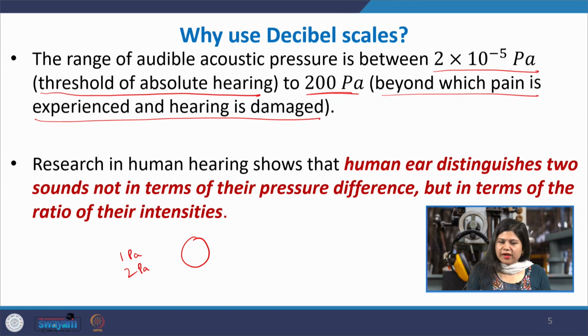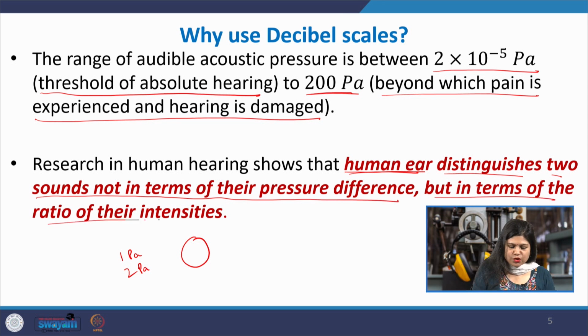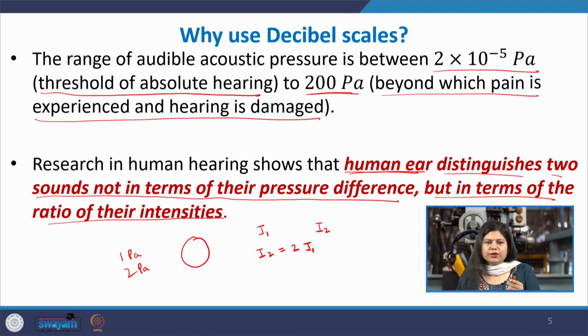In fact, from the various research into human hearing and listening studies, what has been found is that the human ear distinguishes two sounds not in terms of their pressure difference, but rather in terms of the ratio of the intensities, which means that suppose there is a sound I1 and there is another sound I2, such that I2 is twice of I1. Here I1 and I2 are the acoustic intensities of two separate waveforms of sound.